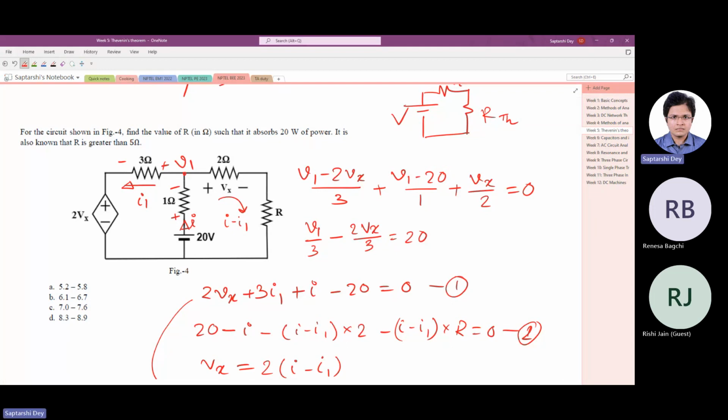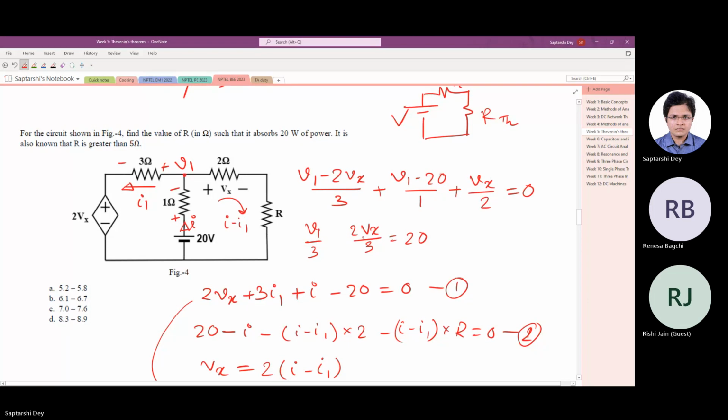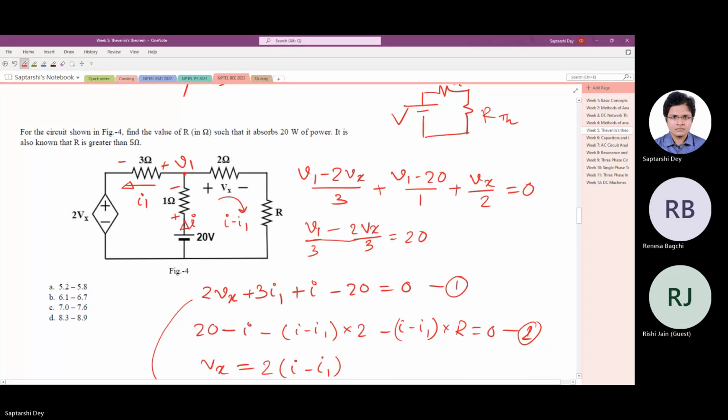Wait, maybe you are correct. Let me understand this. You are saying V1 by 3. V1 is here. Okay, so V1 minus 2Vx by 3 you are saying. So V1, that is the current, this current I1.